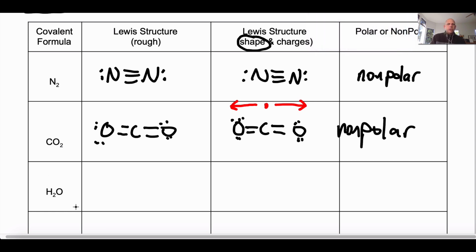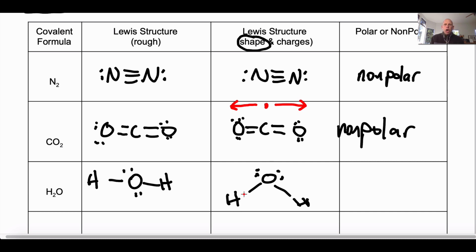Let's do the structure for water. The Lewis structure for water looks like this, but the lone pairs push on the bonds, so the molecular geometry of this molecule is bent. When we look at the dipole arrows, O pulls harder than H, so we have an arrow going like this and an arrow going like this. From now on I'm going to draw these dipole arrows up here on the top left so you don't make your molecule messy.